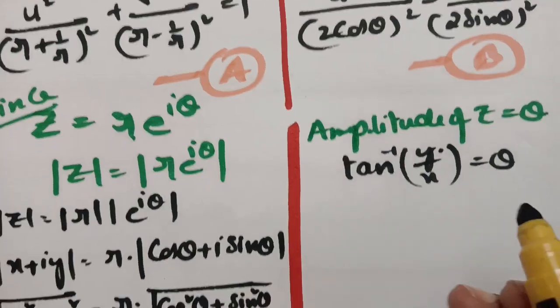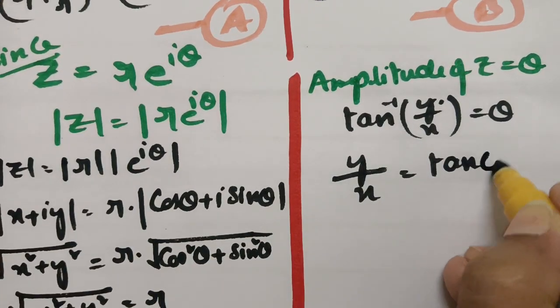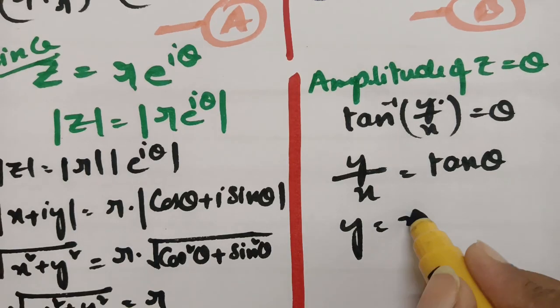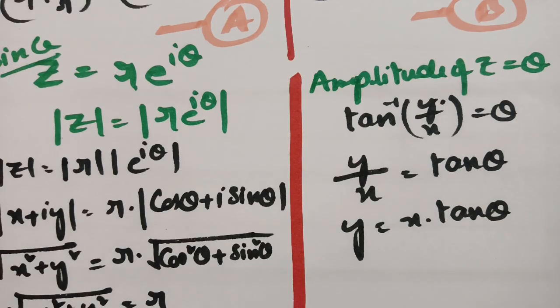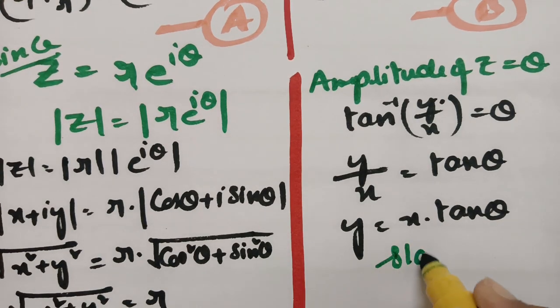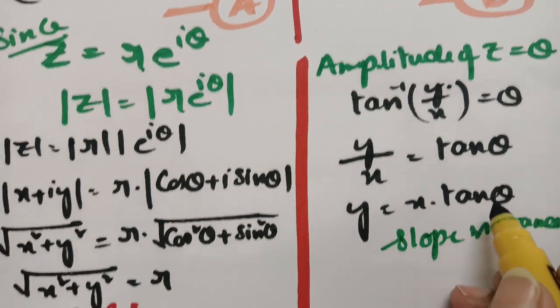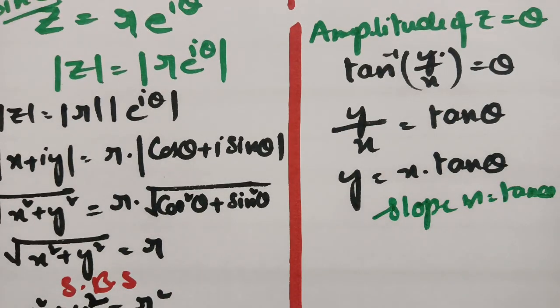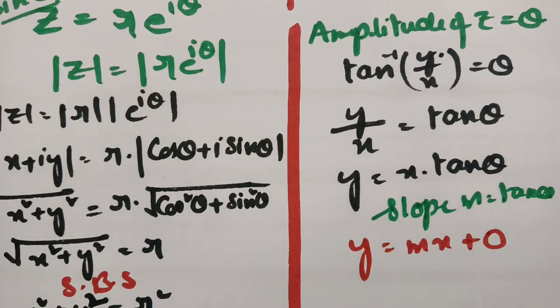If you send tan to the other side, y by x is equal to tan theta. So y is equal to x into tan theta. If you consider the slope m is equal to tan theta, then this is of the form y is equal to mx plus 0.